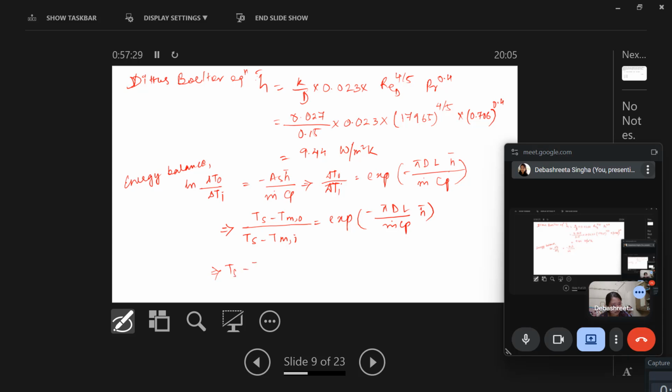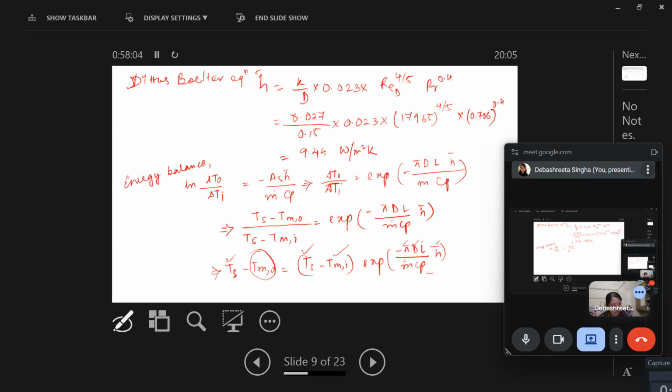Now Ts minus Tmo is equal to Ts minus Tmi into exponential of minus pi d L divided by m cp into h bar. So what do we get here? We know the surface temperature, we know the inlet temperature, and all these values we know. Pi, d, L, h we found out, m we know, cp we know.